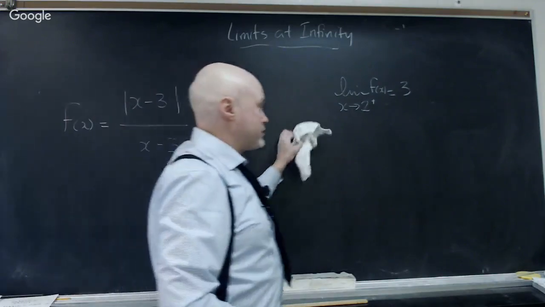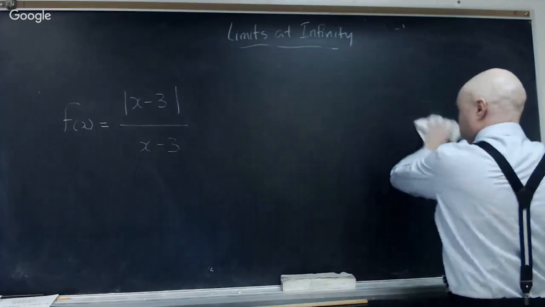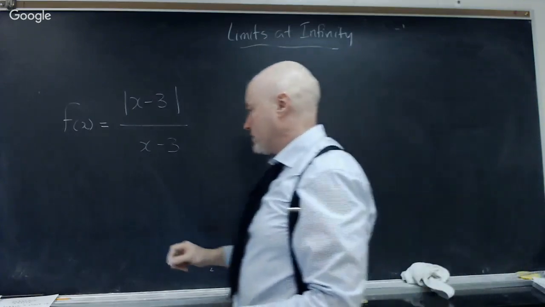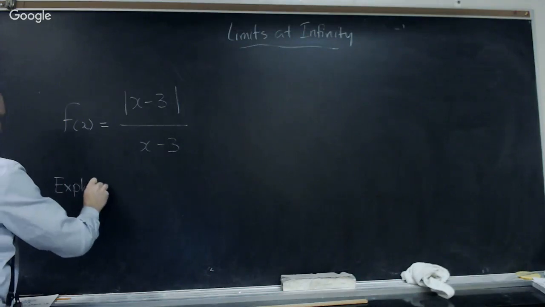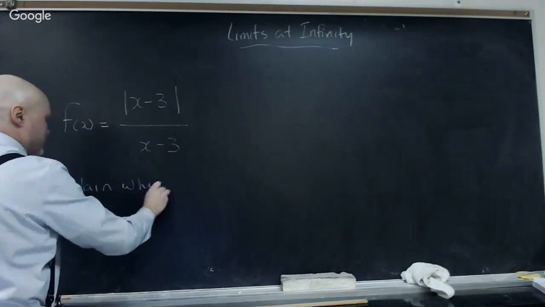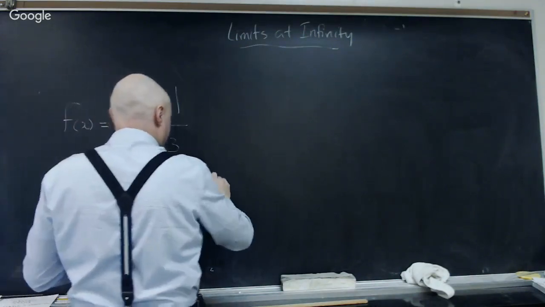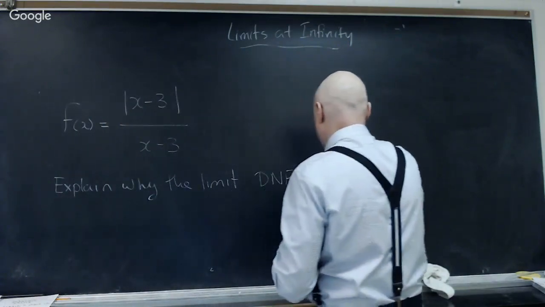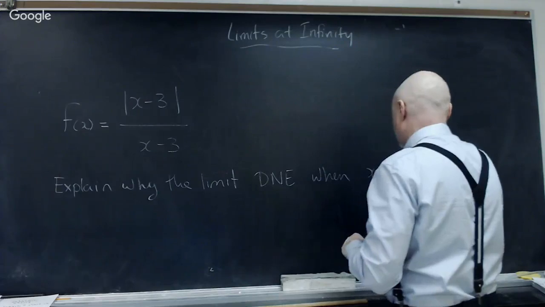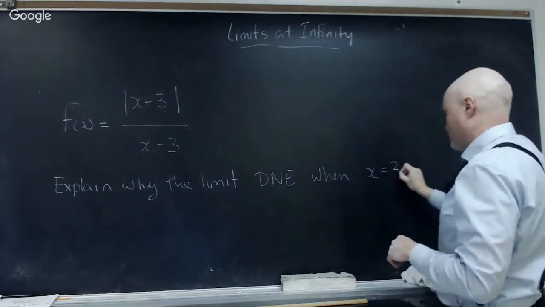And so if I have a function like that, that's an absolute value function, the question might look like, explain why the limit does not exist when x is equal to 3.